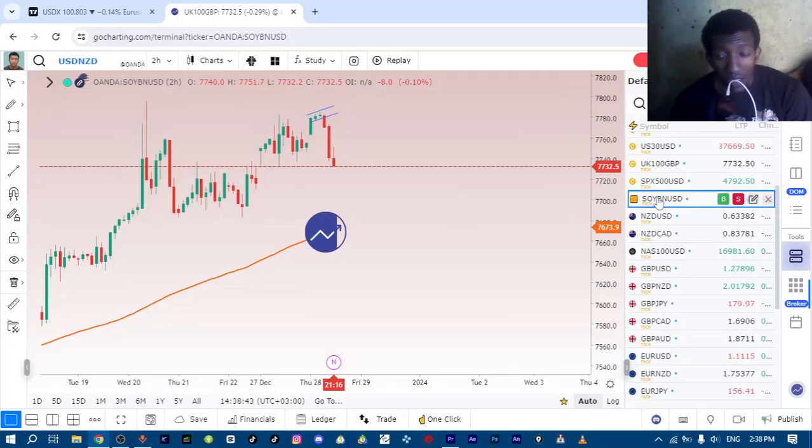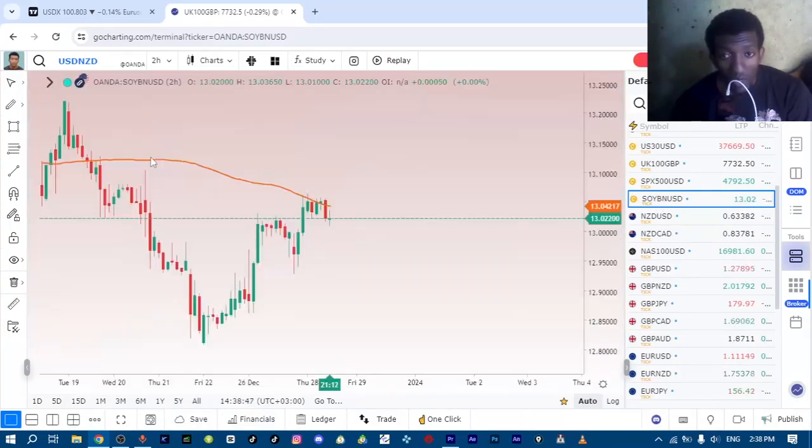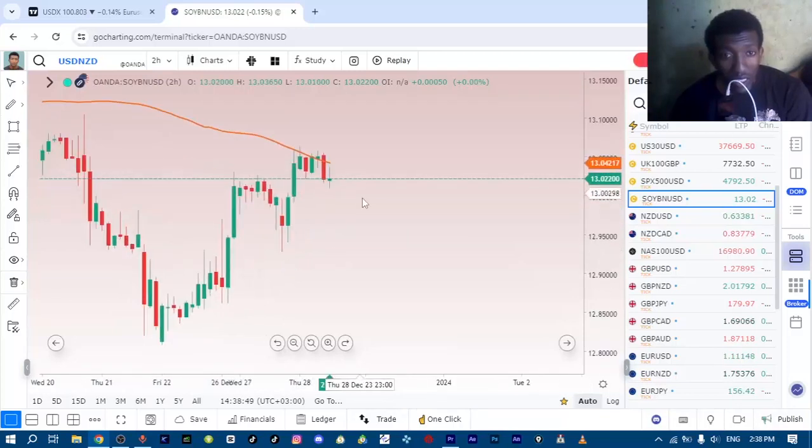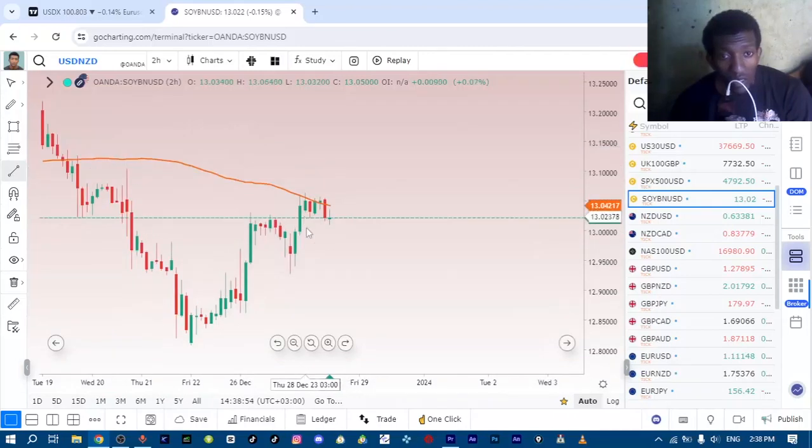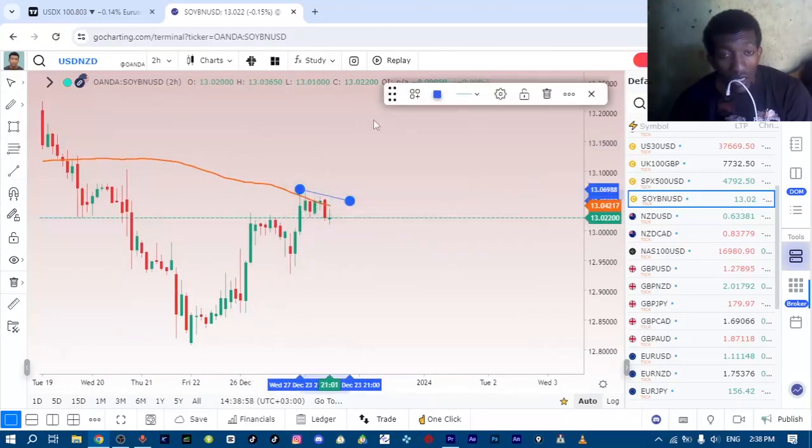Soybean. This is commodities. So if you trade commodities, you can see there was an amazing move. It is still going on, as you can see.